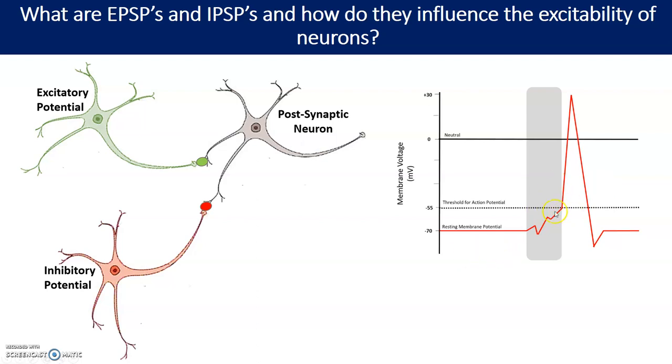So eventually, to get an action potential in a motor neuron, you have to have enough excitatory potentials to raise the membrane potential up to threshold. And as we talked about in the other video, threshold, this negative 55 millivolts, that's the voltage at which voltage-sensitive sodium channels open up and allow stuff to flow.